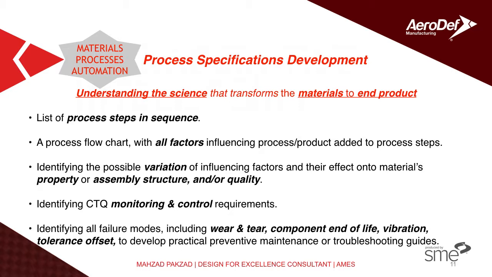Identifying CTQ monitoring and control requirements. How do we monitor and control the critical to quality? That is very, very important to be part of the process specification development, because sometimes that monitoring and control is left to the production people and they struggle and they cannot really see it until the alarm is on, and then they try to fix it.